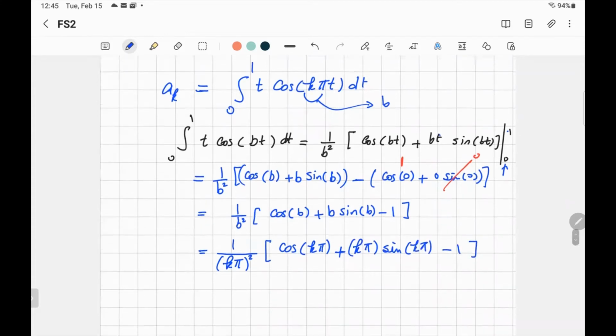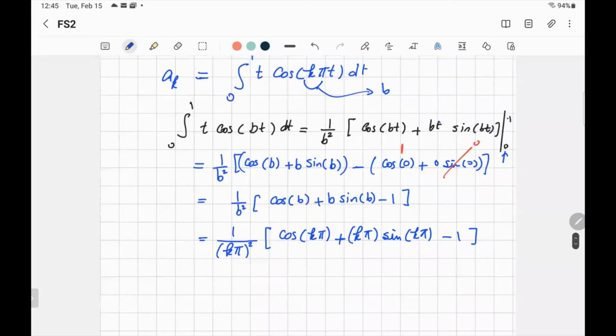Now we'll start simplifying. What's sine k pi? k is an integer: 1, 2, 3, 4. Sine pi is equal to 0, sine 2 pi is 0, sine 3 pi is 0. So sine k pi always equals 0. I also put in the folio the rules for sine pi, sine pi over 2, cosine pi, all of those, so you can look at them.